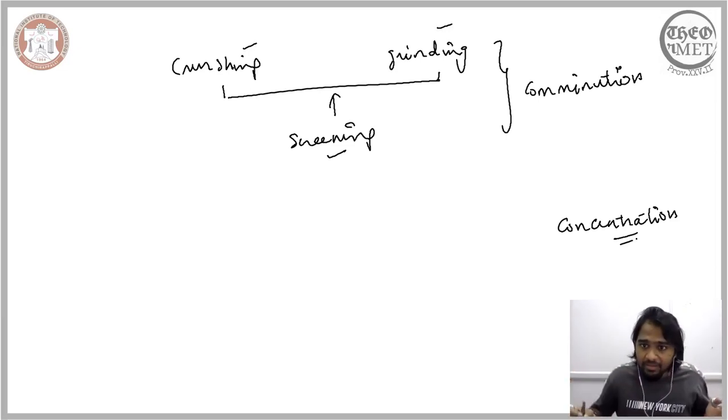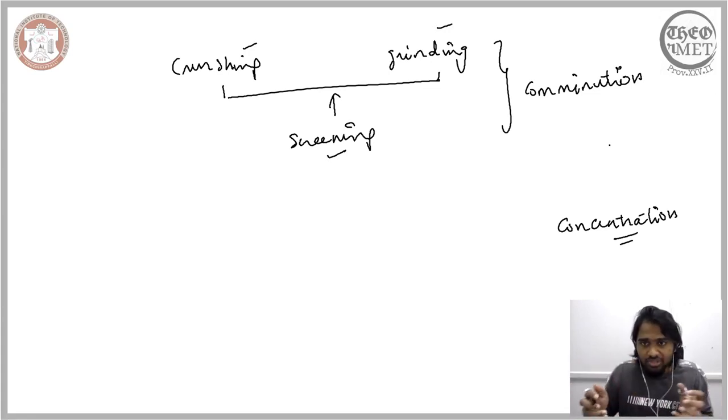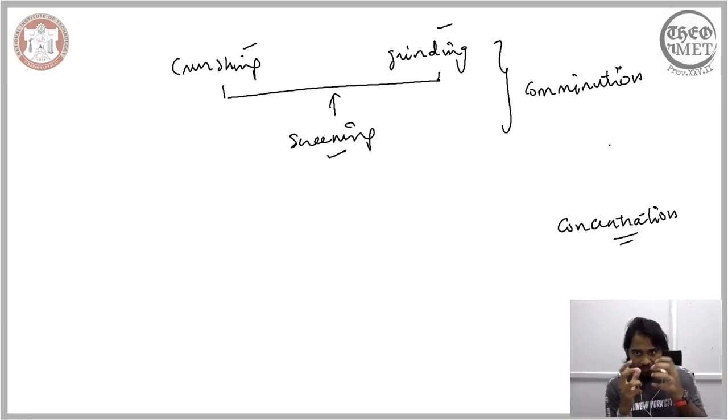If you define concentration in that way, there is an event placed between comminution and concentration that is closer to concentration than comminution. So this process acts as a buffer, an intermediate step between comminution and concentration. If you look at the scheme of things, in comminution there are events that primarily do the fragmentation process, and in that you have something that is separating.